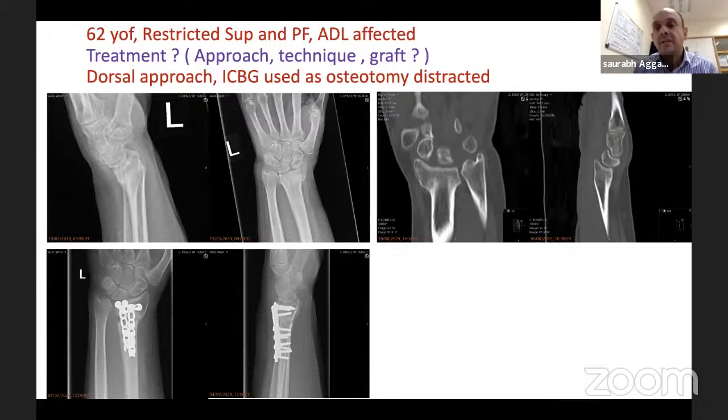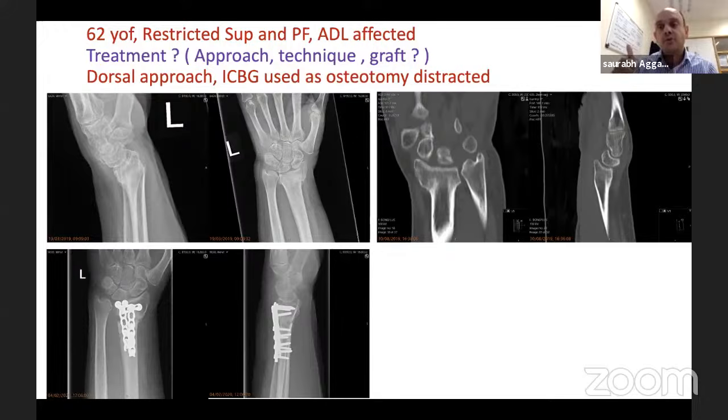So in this case, these are the two parameters which we need to bring to normal. Inclination is fine. So for all the X-rays that we're going to discuss, treatment first: do you want to do non-operative or operative? For the purposes of discussion today, I put all the X-rays which need surgery. Now, once you decide surgery, there are three things to consider by and large.